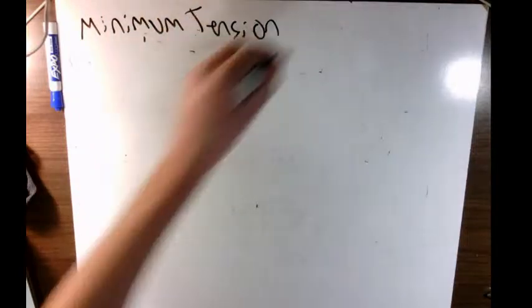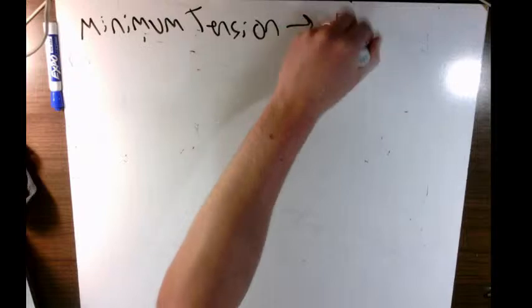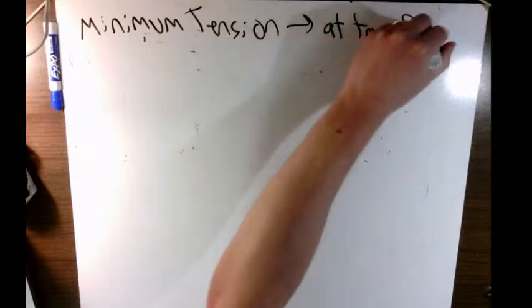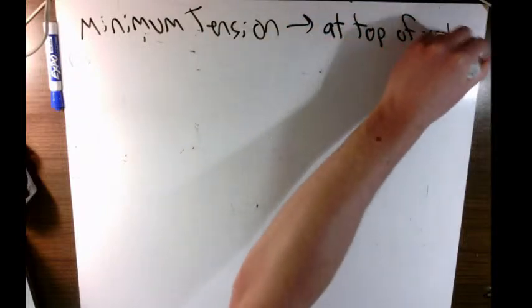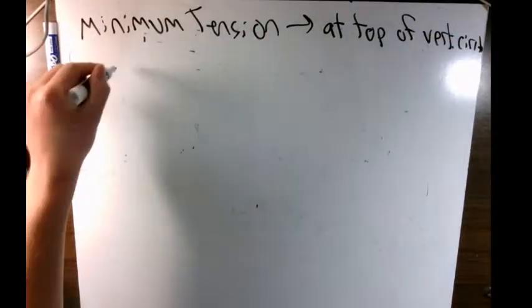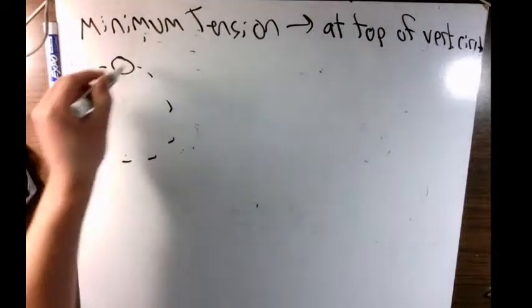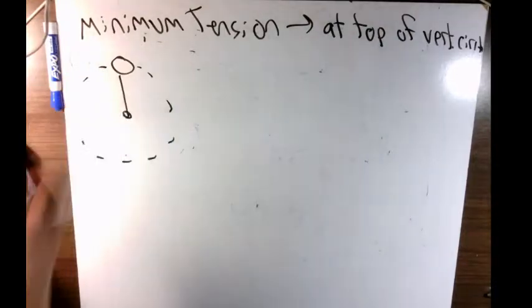We know we're going to have this at the top of the swing, at the top of our vertical circle. If it were to say maximum, we would put it at the bottom. Here it says minimum, so we'll draw it like this. There's our object attached to a string to the center.